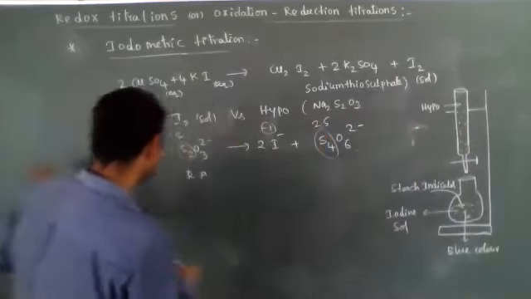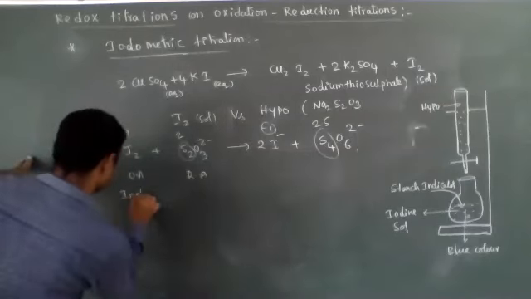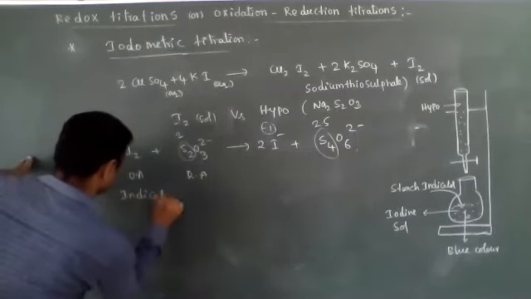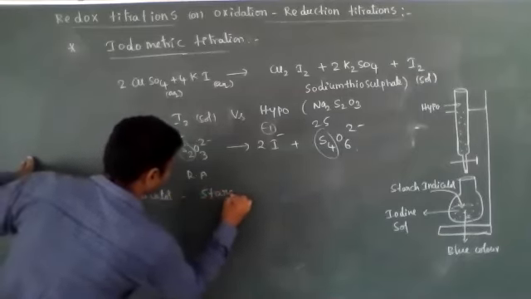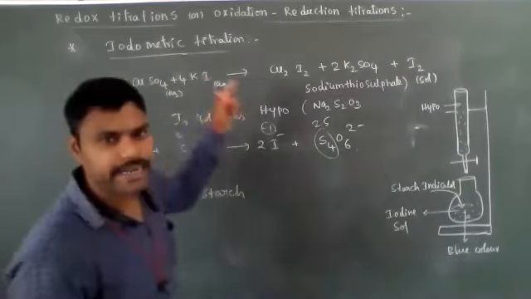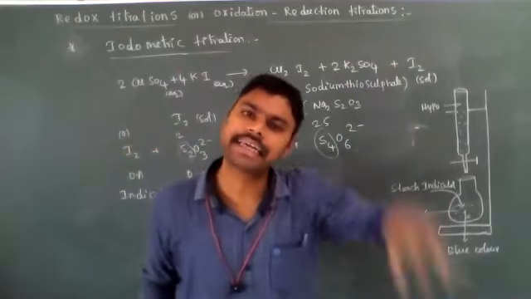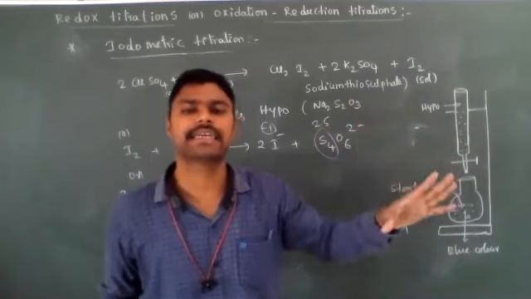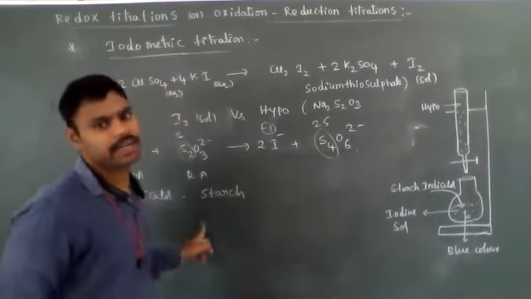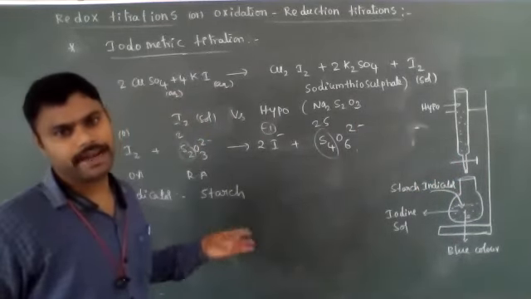In this reaction also the indicator is starch only. Don't confuse. In both iodimetric and iodometric titrations, when iodine is used as one of the titrants, the indicator is starch solution.